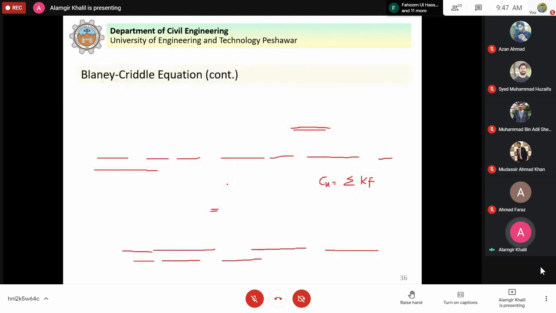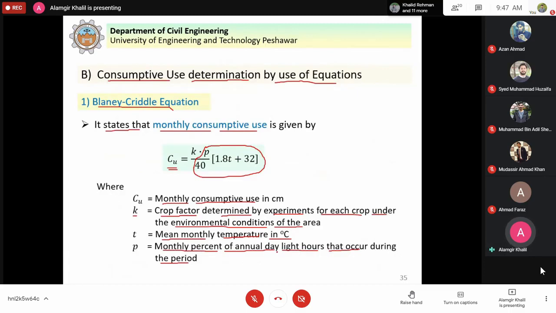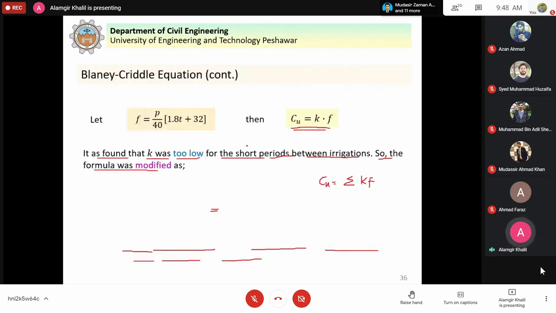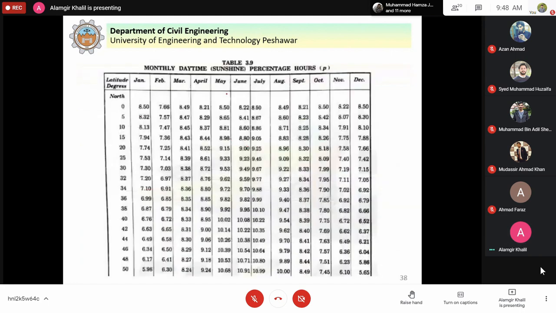Similarly, in this equation, P is the monthly percent of annual daylight hours that occur during the period. So how to get its value? Again, we have a table available, monthly daytime sunshine percentage hours. This is P, which can be taken from here for any location. This is, for example, for the north; it can be for the south also. You can see here 5 degree north, 10 degree north; this is latitude in degrees, showing the location of the area in the northern hemisphere.